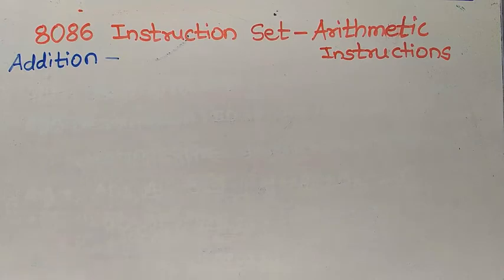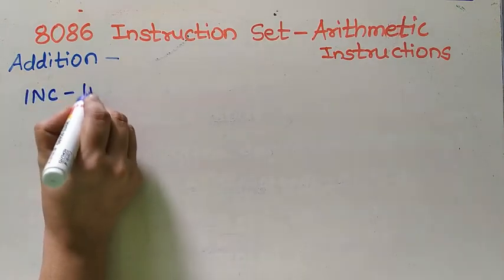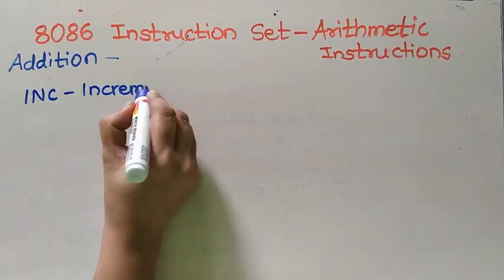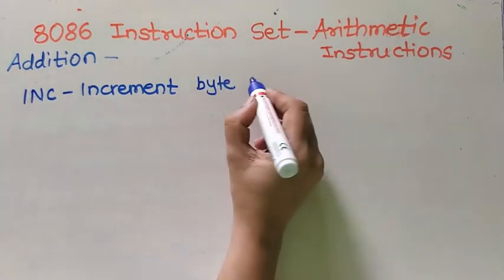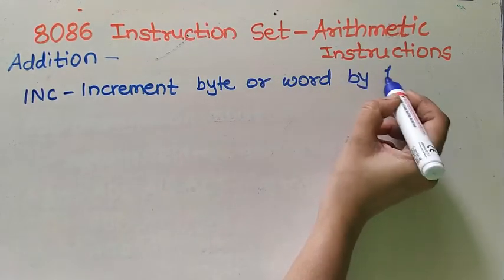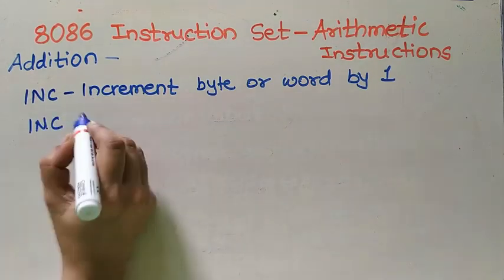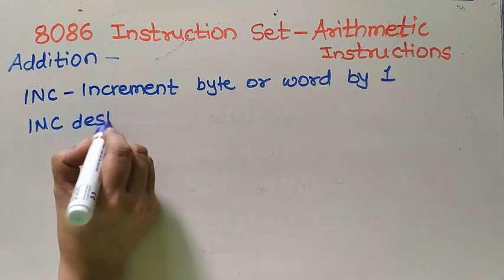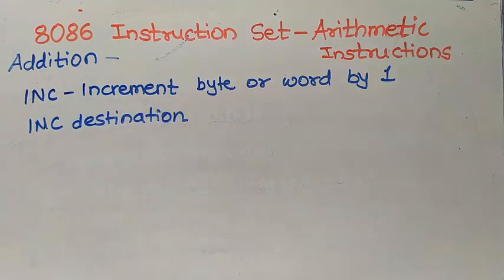Next is INC. This is increment byte or word by 1. The mnemonic is INC destination. What happens?